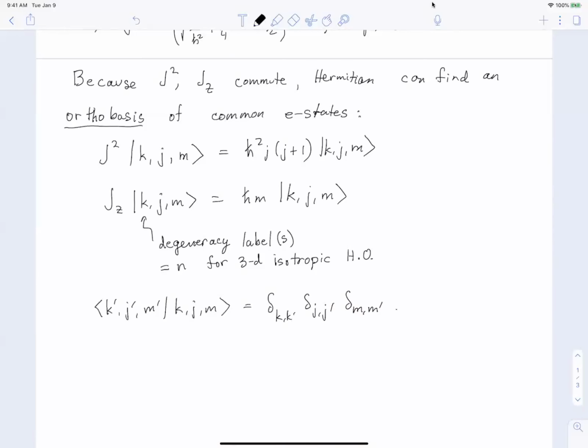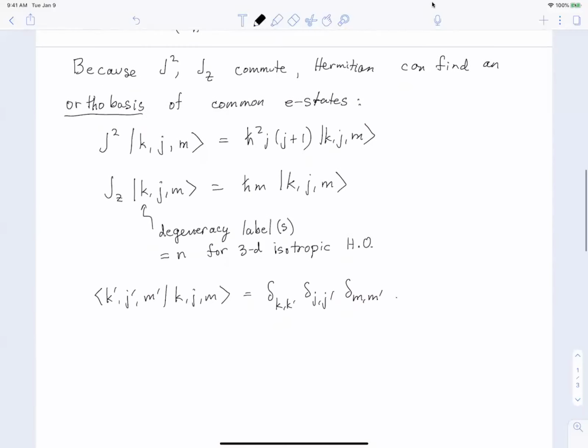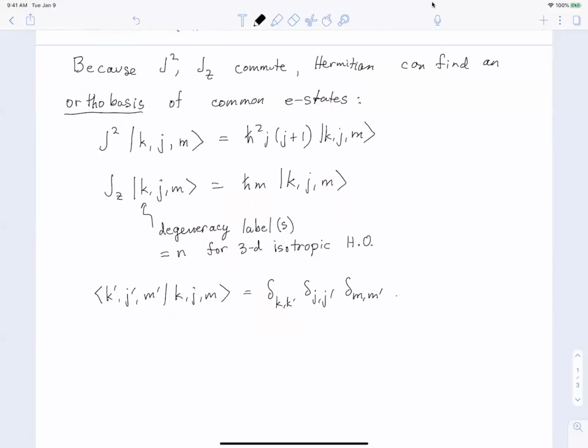Okay, now, if you just take some state that's an eigenstate of j squared and j sub z, it may or may not be orthonormal. But what the theorem tells us is that you can always choose them to be orthonormal. And then if you're unlucky and the basis you chose wasn't orthonormal, then you might have to do a Gram-Schmidt process on them to make them orthonormal. Okay.